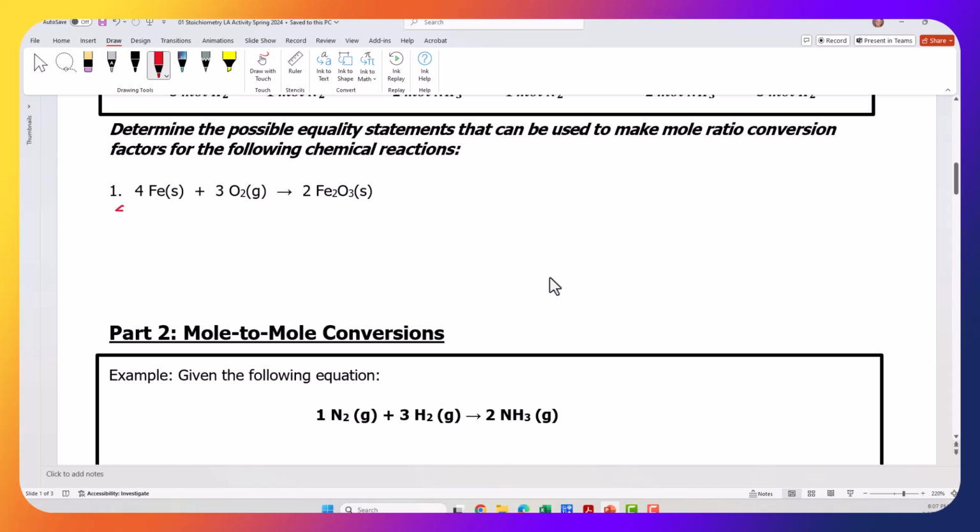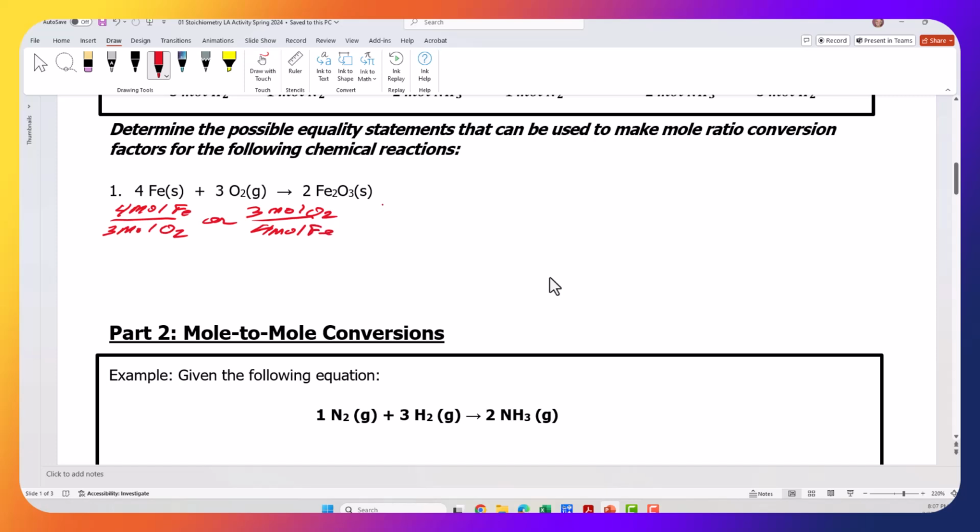We'll just say, let's say 4 moles of iron over 3 moles of oxygen, or alternatively 3 moles of oxygen over 4 moles of iron. And then we'll just continue on.